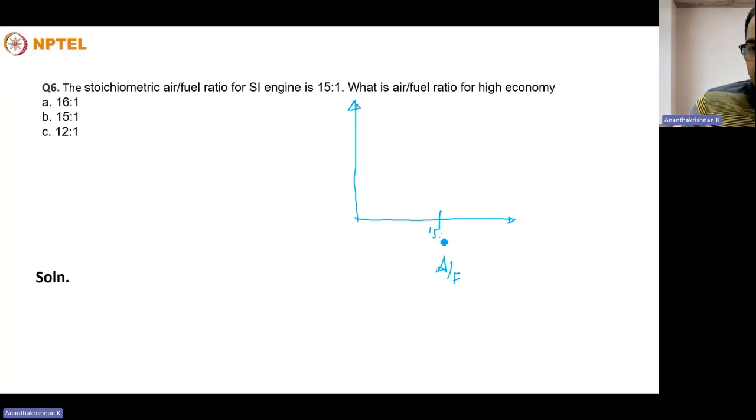So this is 15:1. That is the stoichiometric one. This will be say 20 and this will be 0. So the stoichiometric air fuel ratio is the one where we'll be getting the complete combustion.